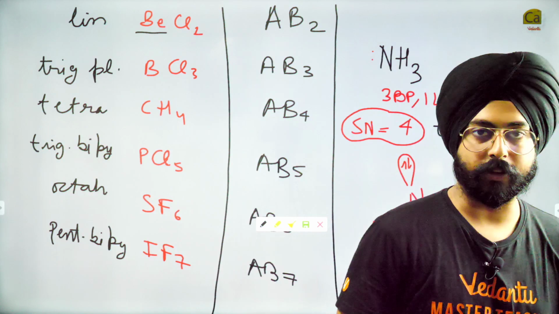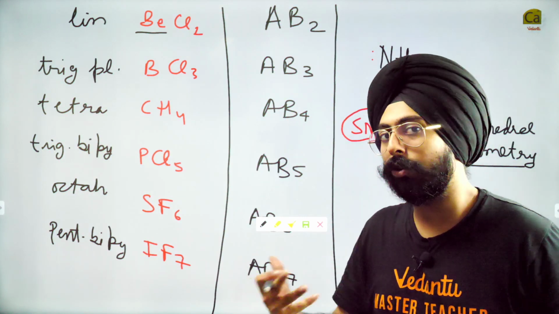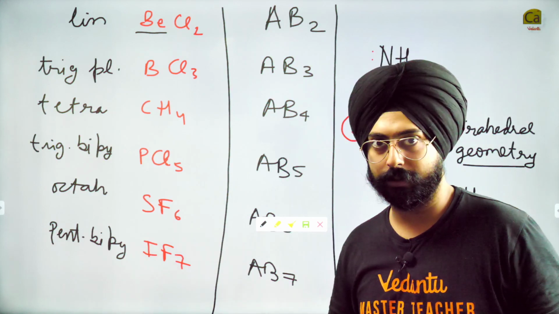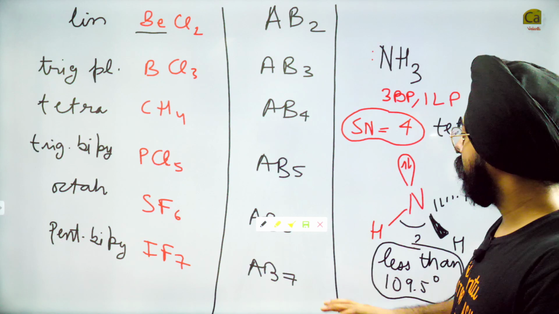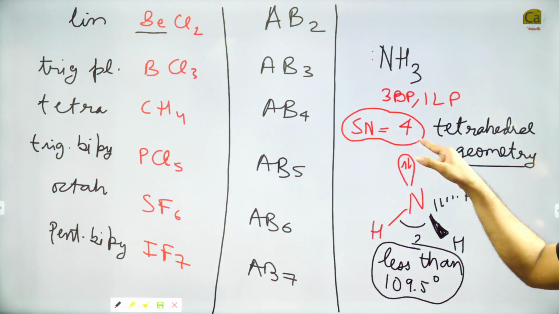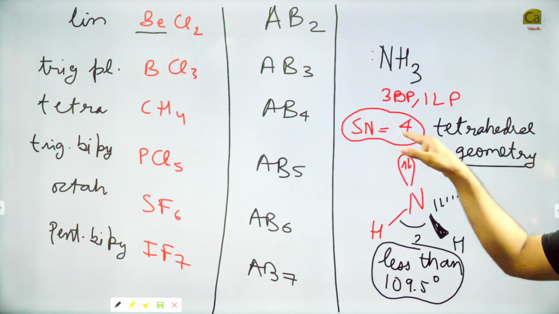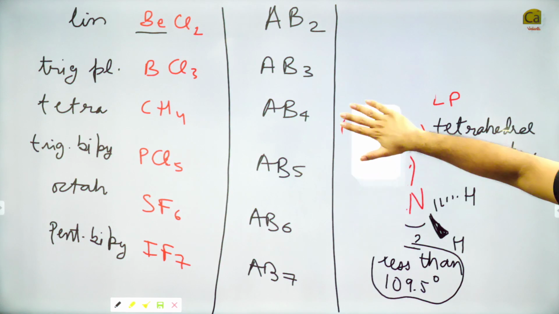So my dear friends, this is going to be the discussion for all the non-standard cases. What could be the non-standard cases? Let me tell you. This is 3 bond pairs, 1 lone pair, steric number equal to 4. How can I write this non-standard case?